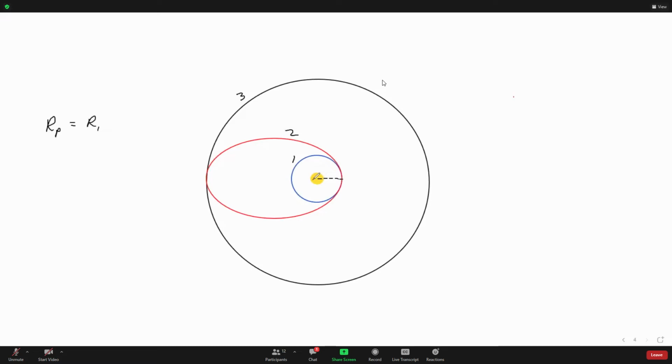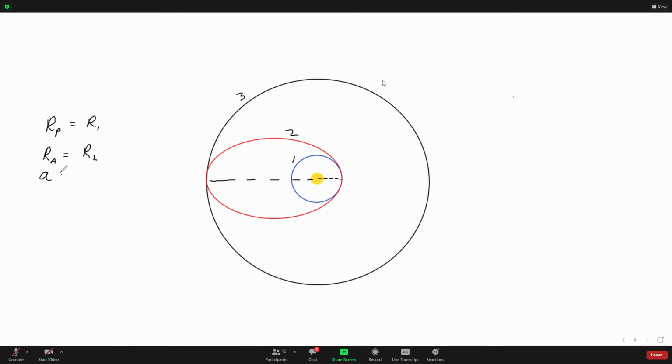And we know the radius of orbit number 2 at apogee is equal to the orbit of Saturn. So what is the semi-major axis of orbit 2?